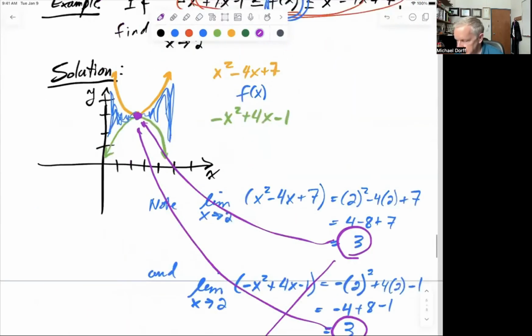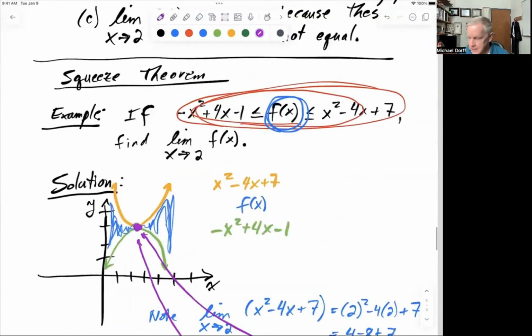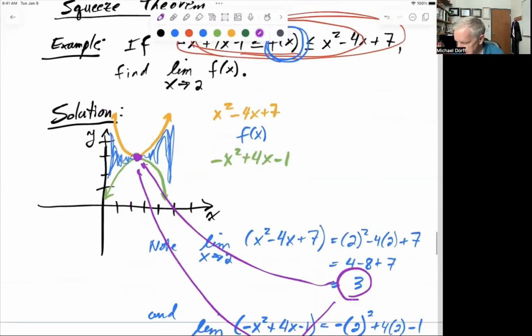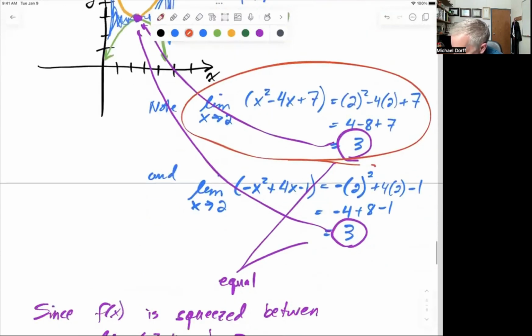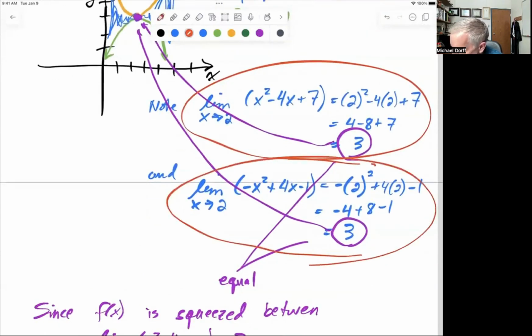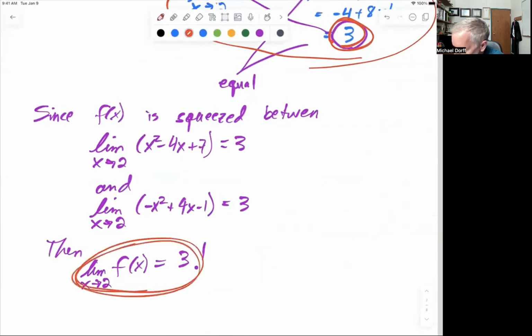Let me just say that one more time. If my original function is between two functions, and I'm supposed to find the limit of my unknown function f of x at some point, I can evaluate my top function at that point, in this case x equals 2, which we did right here, and then I can evaluate the function here. And if those two limit values are the same, then my function has to have that same value.